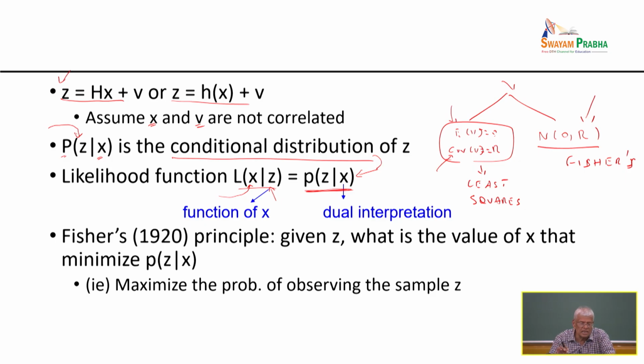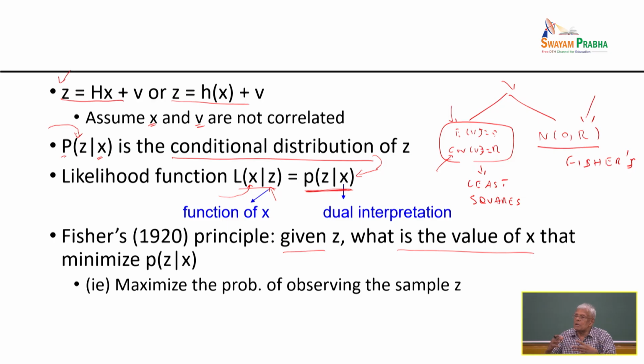As a function of z, it's called the conditional probability distribution. This was the genius idea due to Fisher. So Fisher in 1920, given z, so what does given z mean? I have observed this. So what is the likelihood value of the unknown that will lead to this observation?